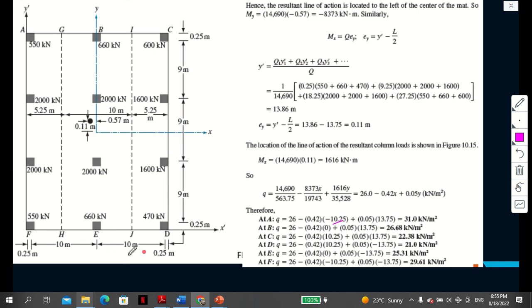Then the y is the distance from the centroid again, and the centroid of the column you're considering. I believe this is 0.11 up, plus 9, but F is at the edge, right? At the edge.